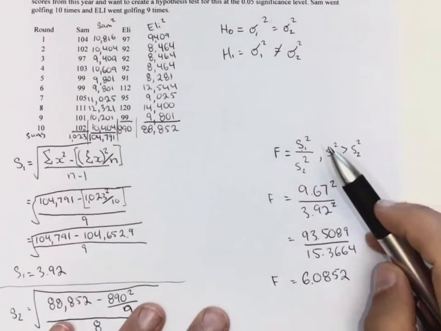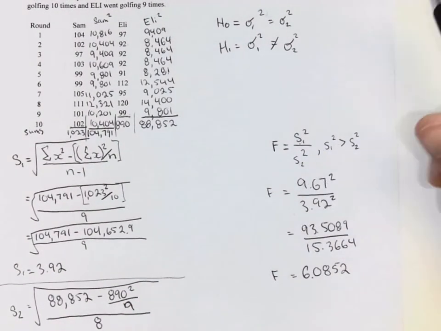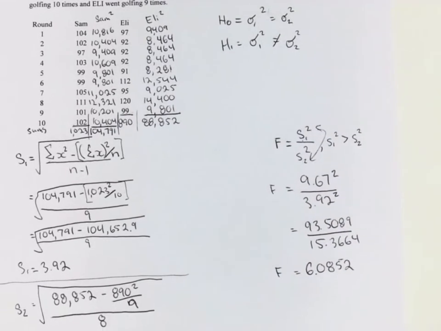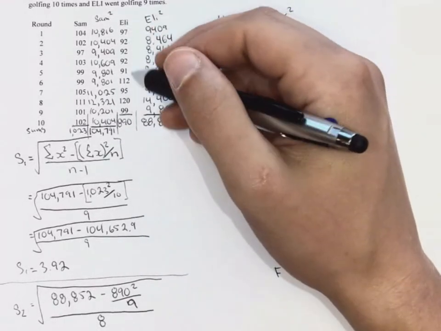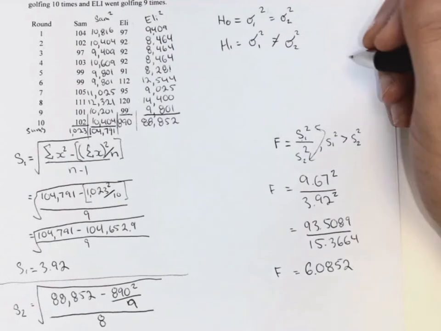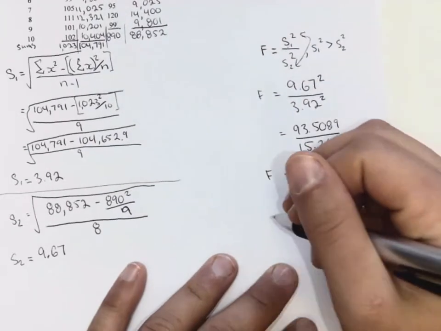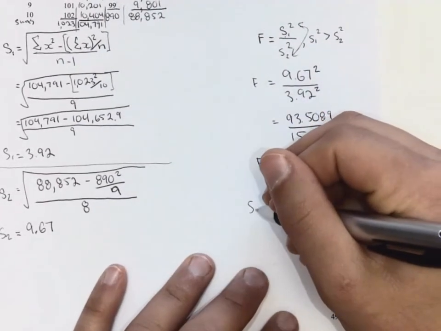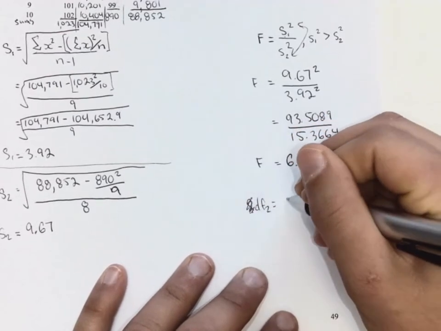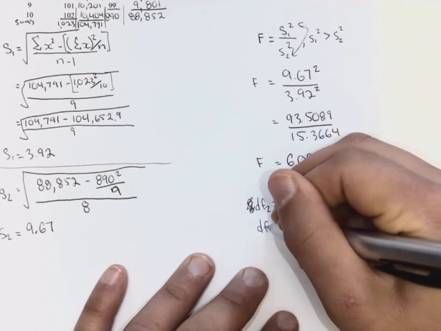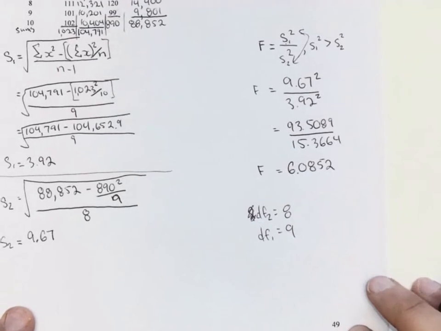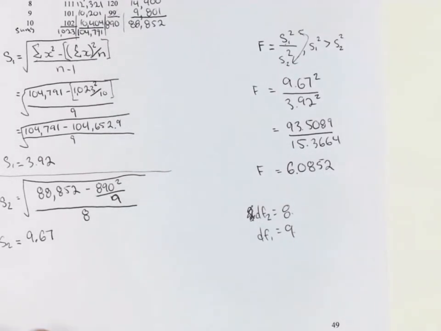Now, although it does say S1 and S2, remember we did swap these because the numerator must be the largest number. So for S2, which was our numerator, Eli had 9 observations, n minus 1, so our degree of freedom would be 8, and degree of freedom for 1 would be 9. So our numerator is 8, and our denominator is 9.